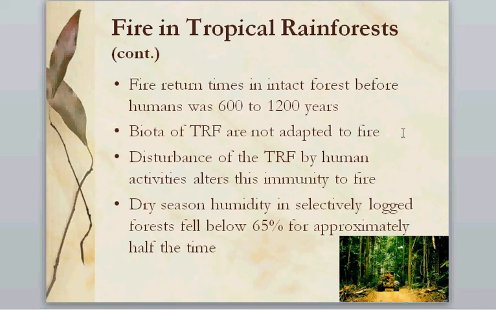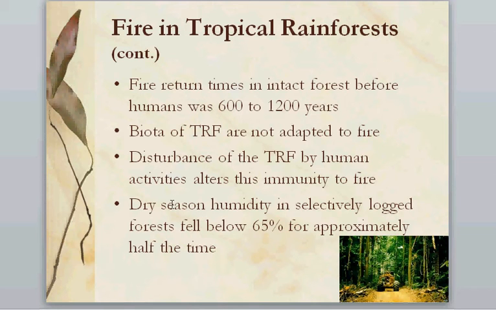The disturbance of tropical rainforests by human activities, however, alters the tropical rainforest immunity to fire, and it does this in two ways. In the dry season, humidity in selectively logged forests fell below 65% for approximately half the time. Now, why did the humidity fall below 65% in the dry season in a selectively logged forest? The reason is that the canopy has been opened up.